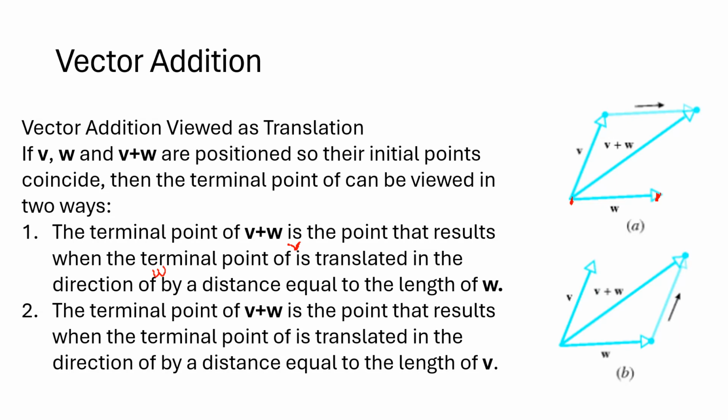And then the second: the terminal point of v plus w is the point that results when the terminal point of w is translated in the direction of v, by a distance equal to the length of v.